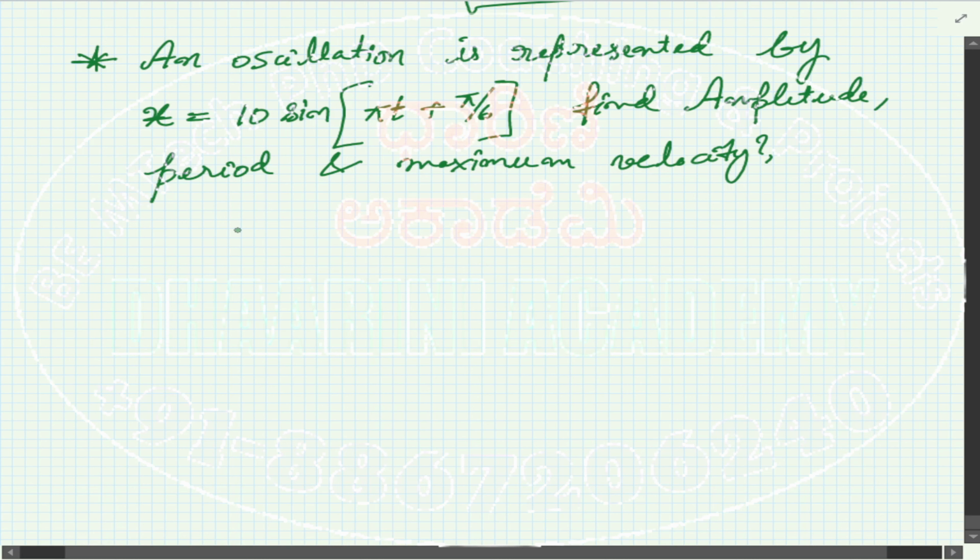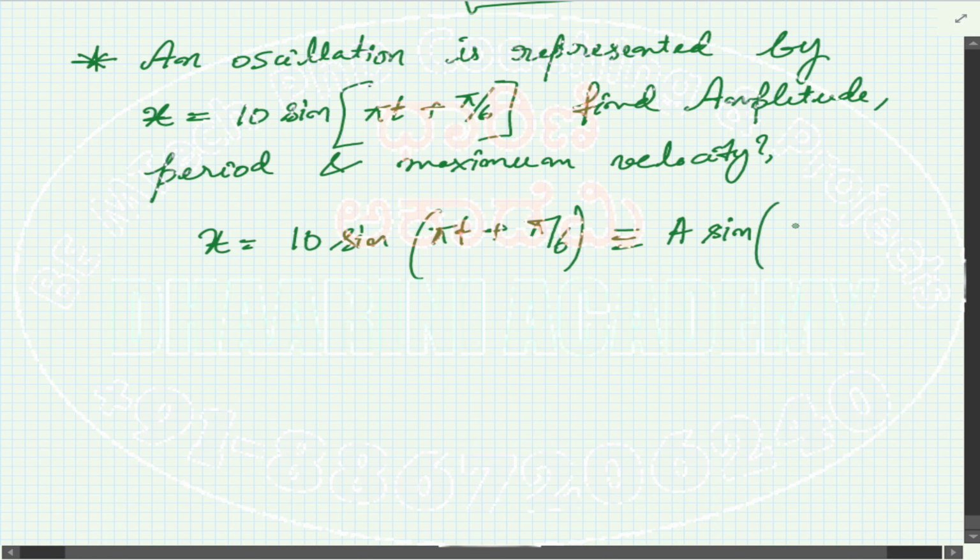So always we need to compare. Let's write the equation. X is equal to 10 sine(pi t plus pi by 6) should always be compared with a into sine of omega t plus phi. They are asking the amplitude, which is a, given as 10.